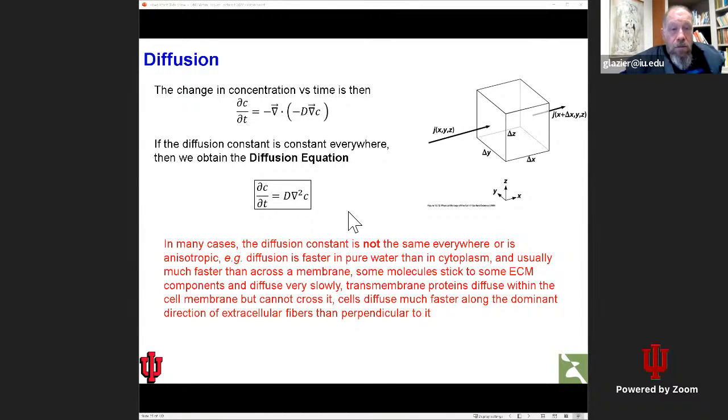And that heparin binding domain sticks explicitly to collagen, which is in the extracellular matrix. And so that means that even though the molecule is pretty small and it moves around freely within the cell, when it's secreted into the outside world, it sticks and stops diffusing or diffuses very slowly.